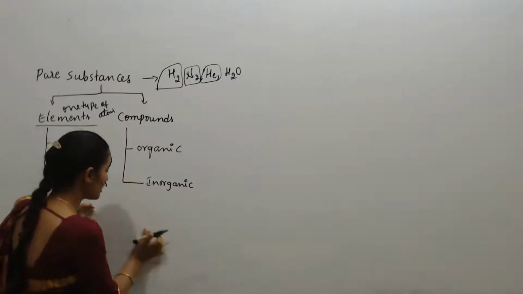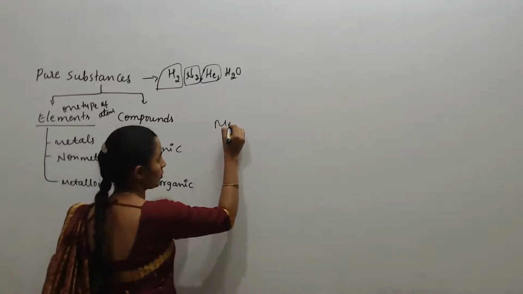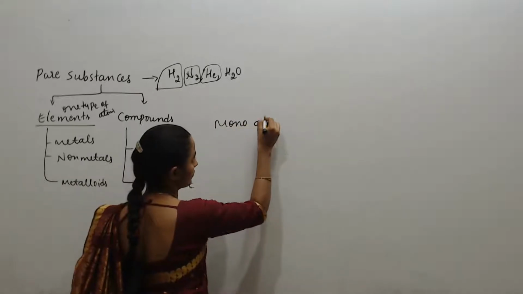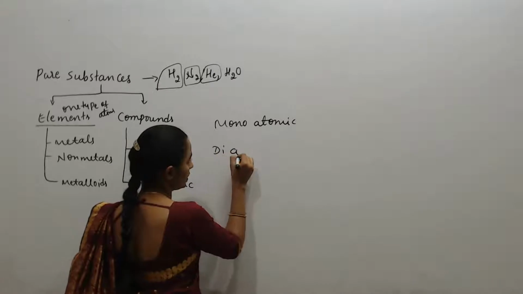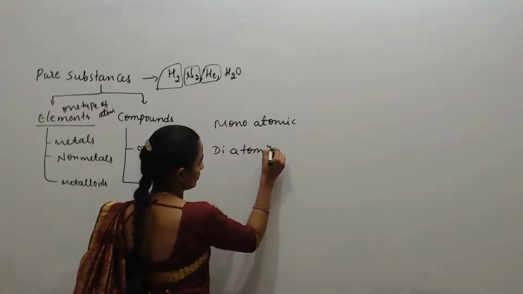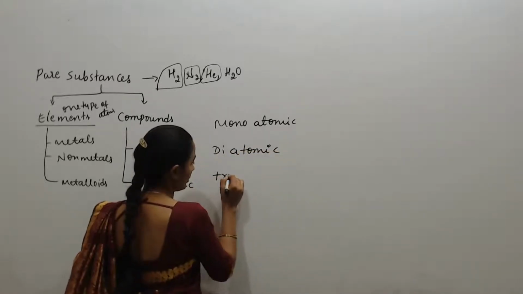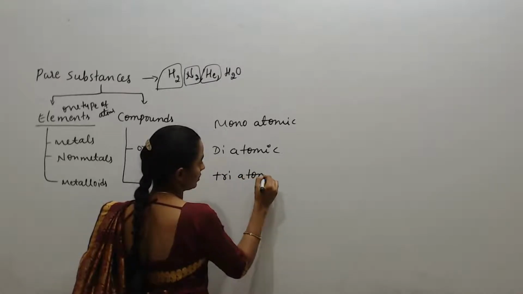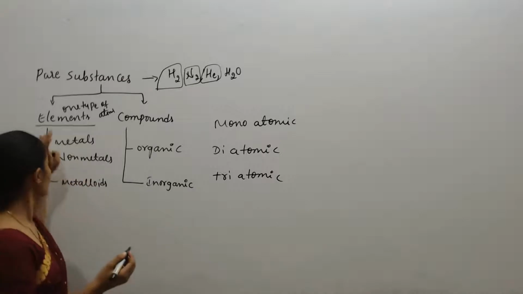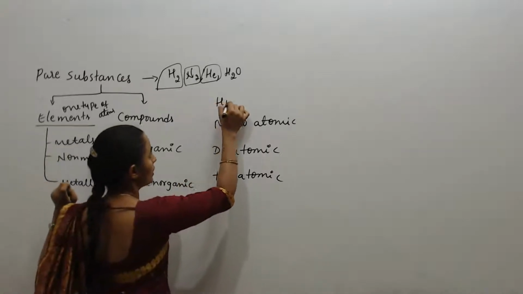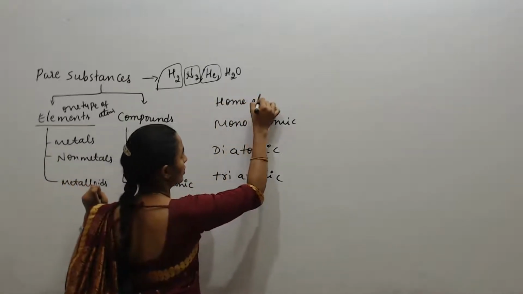In that, students, types are there. One is monoatomic, diatomic and triatomic. Okay, so in this elements, homoatomic or homomolecule are also there.